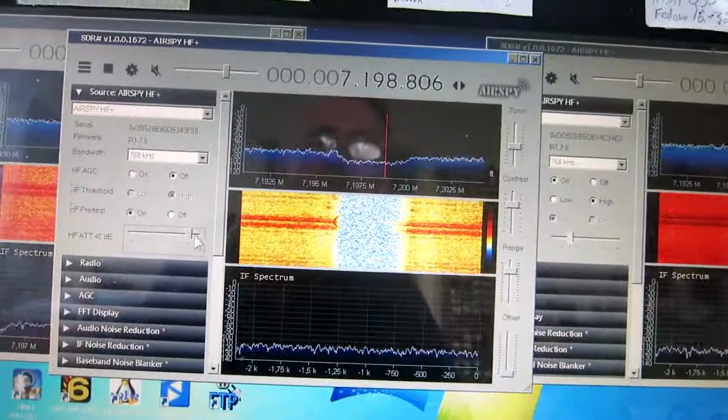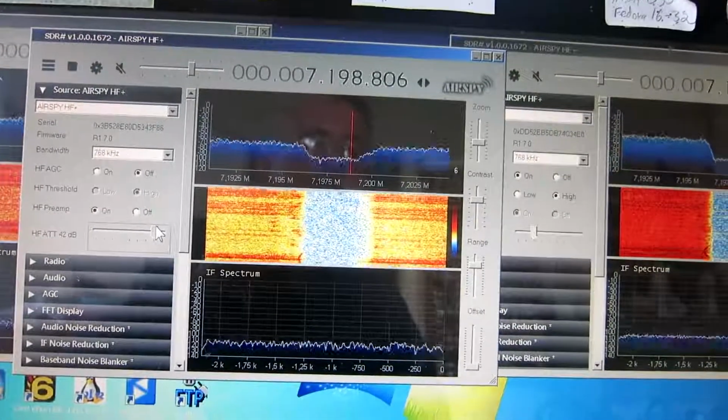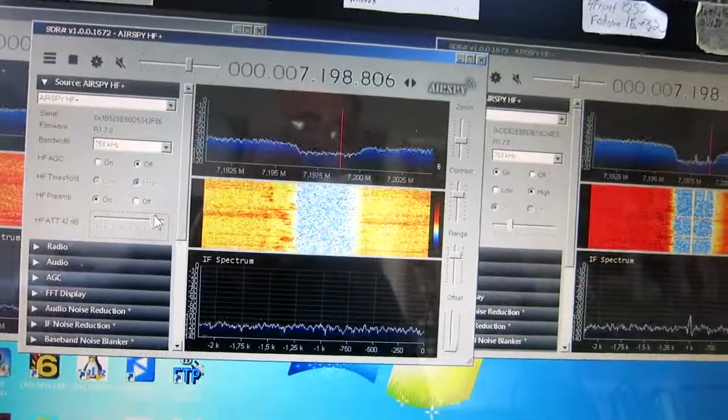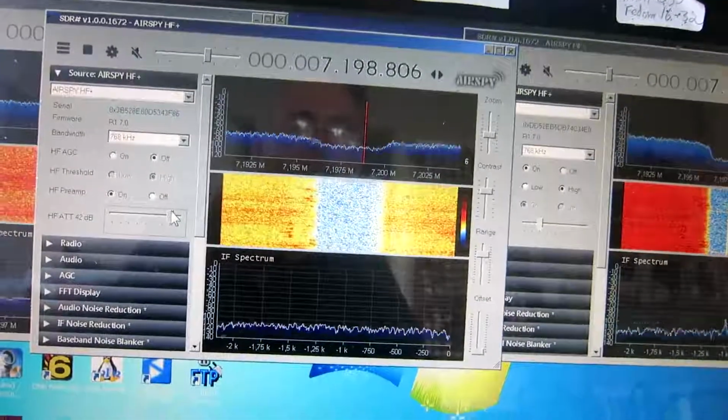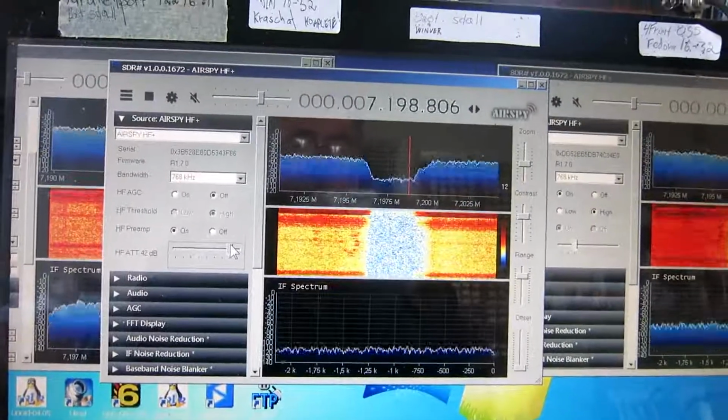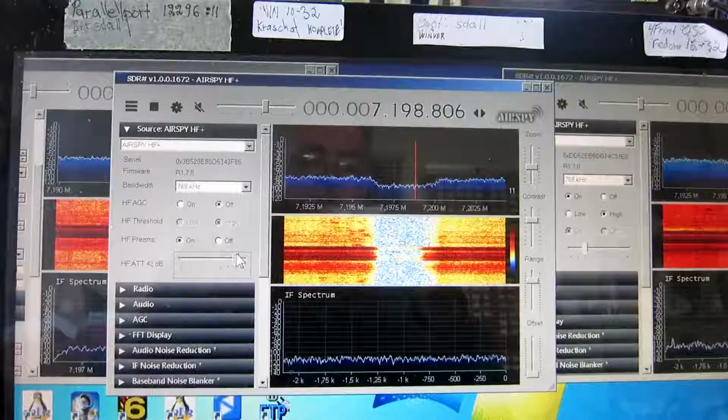But I don't see the desired signal anymore, but I think I got rid of the interference. So I will demonstrate in a more clear-cut way with the signal generators.